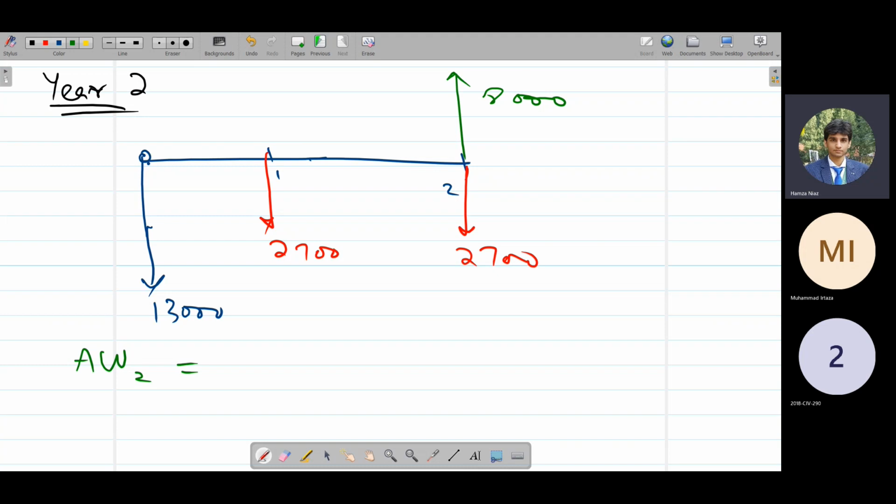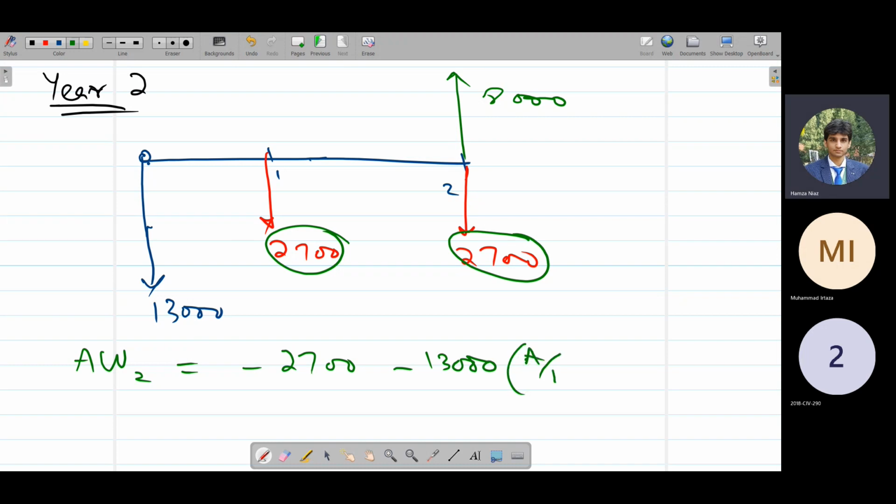It would be minus 2,700, because they are already annual worth, so we don't need to do anything to this. Again, minus 13,000. Now this is present worth. We have to find annual worth. So A over P, 10% and the years are 2, because we are going to divide this 13,000 over the whole 2 years.